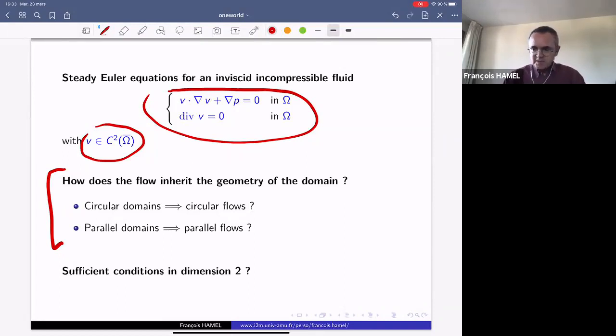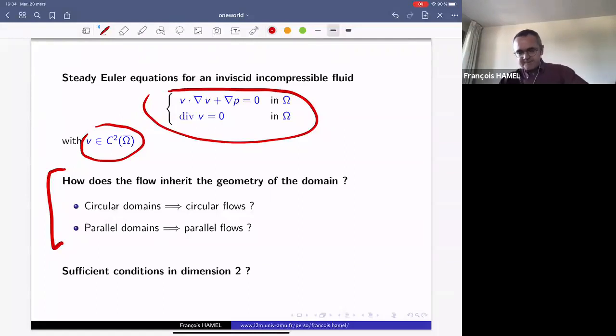A parallel domain is like a strip or a half plane or the whole plane. Can one find conditions for the flow to be a parallel flow, which means that the flow points in one direction only? The question is to find some sufficient conditions in dimension 2 to answer these questions.